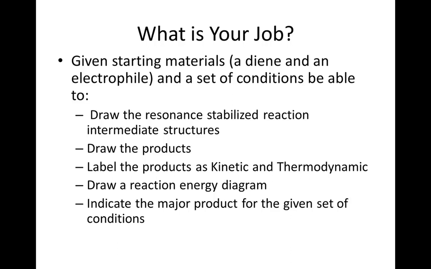You should also be able to draw a reaction energy diagram, and you should be able to figure out which one is the major product given whatever kind of conditions you have. So that is the end of the section of the chapter on conjugate addition.